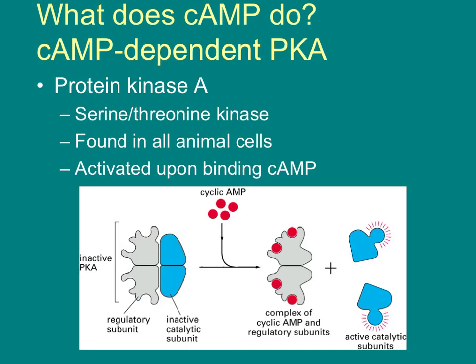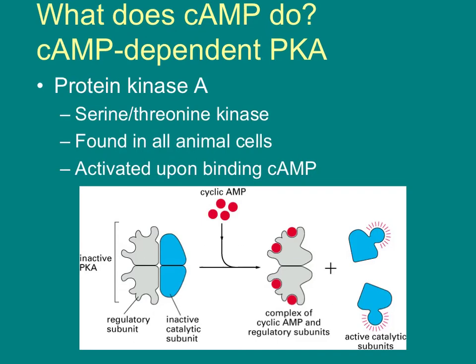These are the kinase subunits, and they have bound to them these additional subunits, and when they're all bound together, the kinase is inactive. Cyclic AMP gets upregulated, and now cyclic AMP binds to these regulatory subunits. These guys come off. Now the kinase, protein kinase, is active.